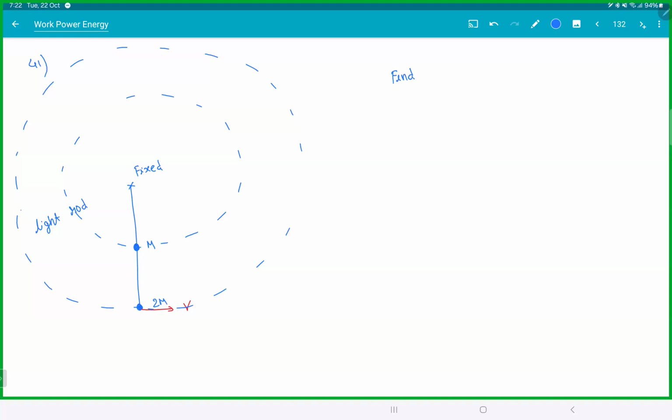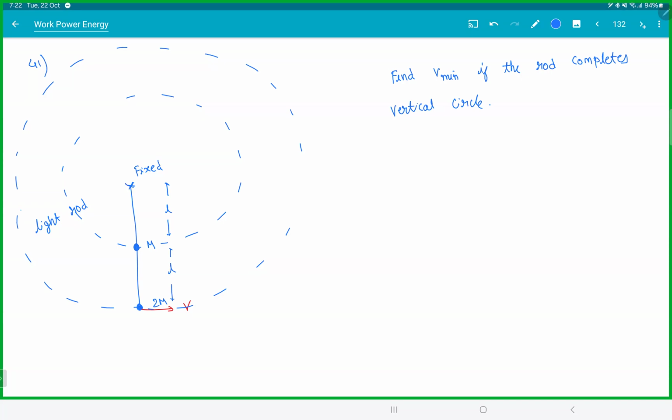Find V minimum. The length is 2L. This is L and this is L. Find the minimum speed if the rod completes a vertical circle, means you should reach the topmost point. I hope the diagram is clear.